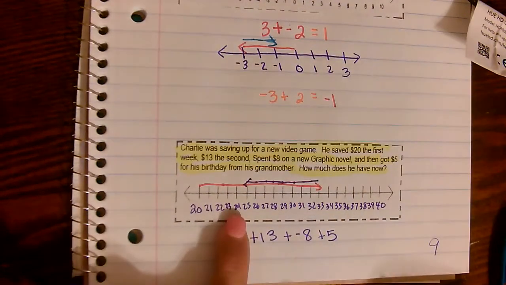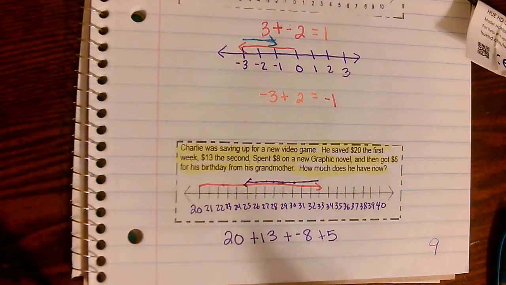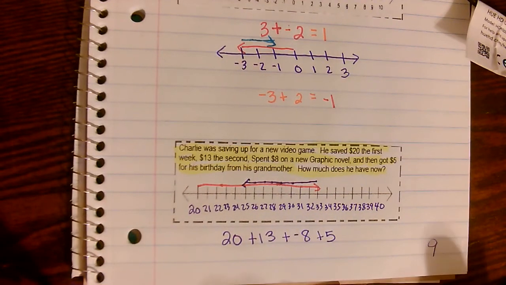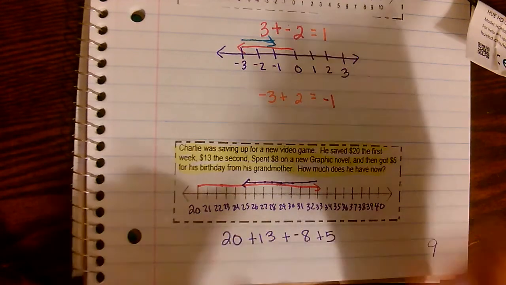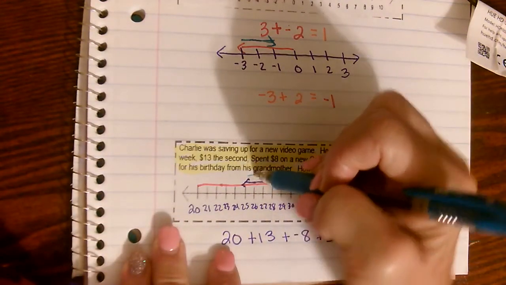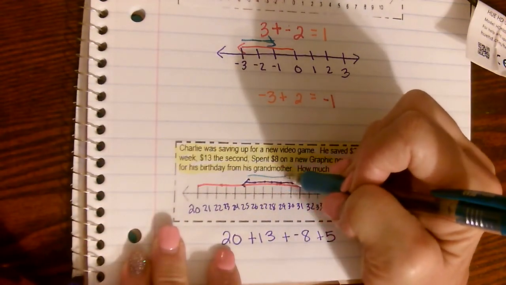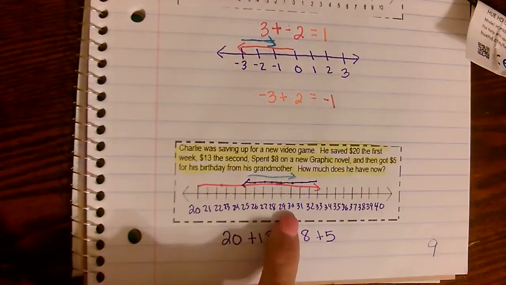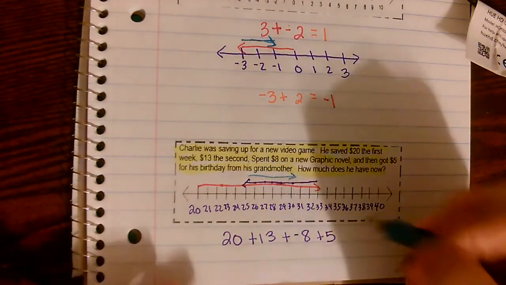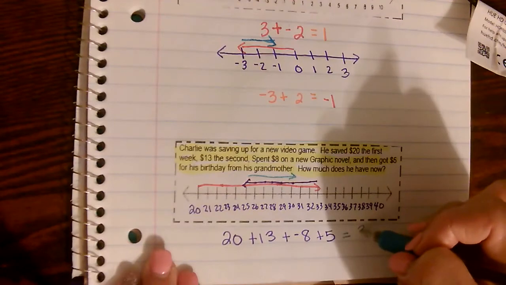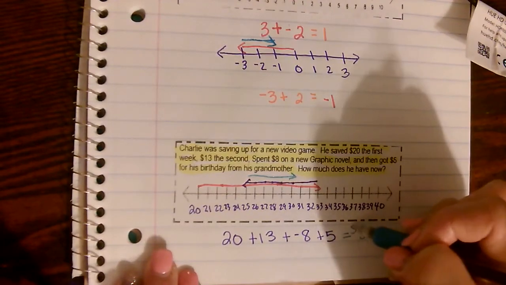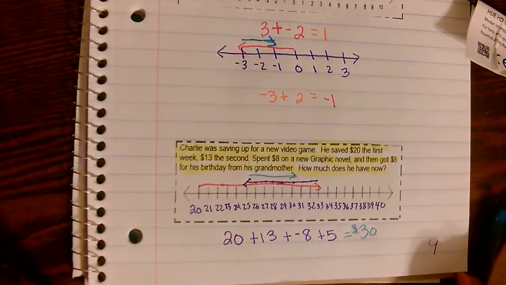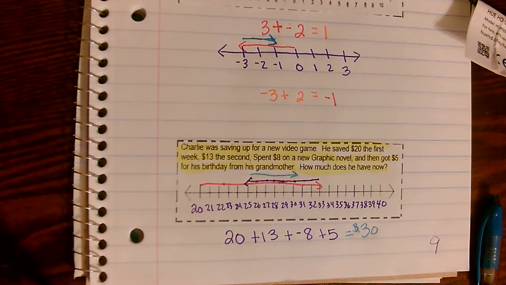And I land on 25. But then I add 5. So we start on 25 now, and we go to the right 5. And that puts me back here, look, at a positive 30. So I know that this whole problem equals $30.